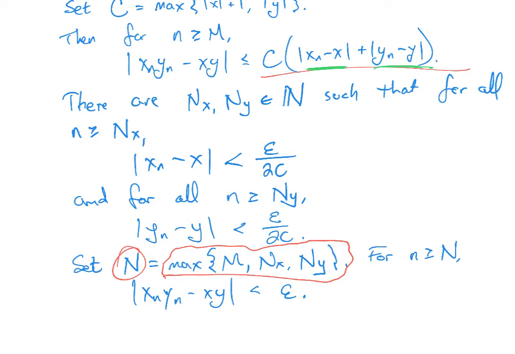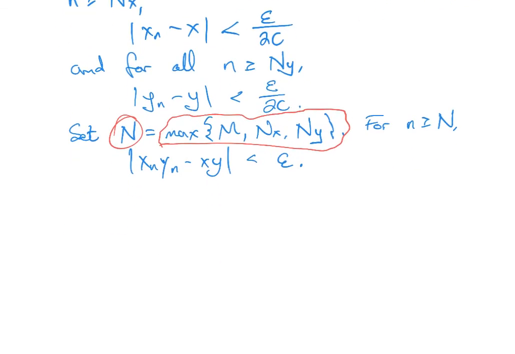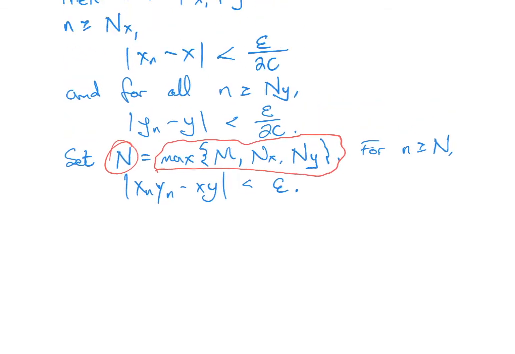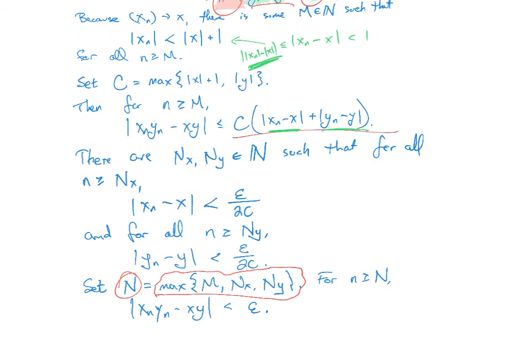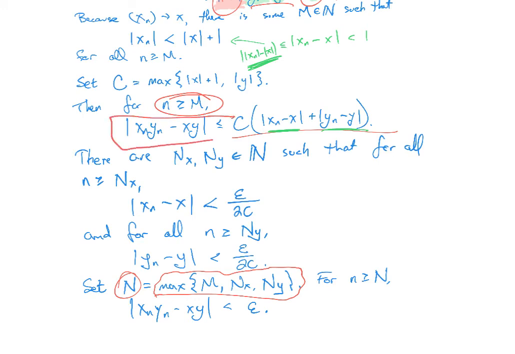Okay. Questions? I don't quite see why we have to pick them. I see why we have to pick the max of Nx and Ny, but I'm not sure why we have to include M in the max. But that's because we need little n to be at least capital M, so that we get the bound we really want.